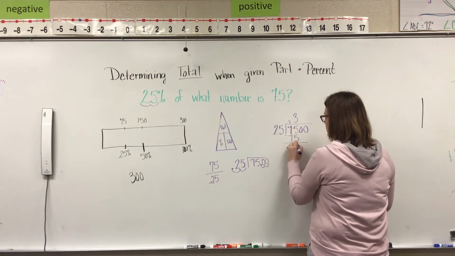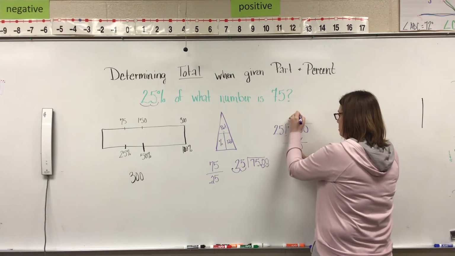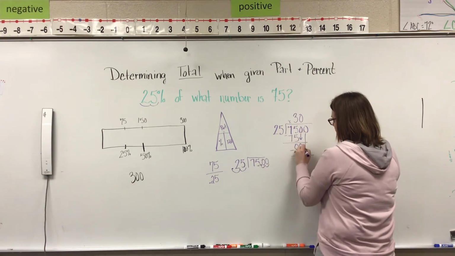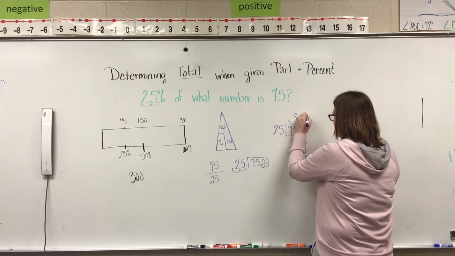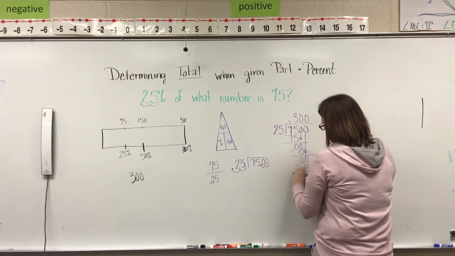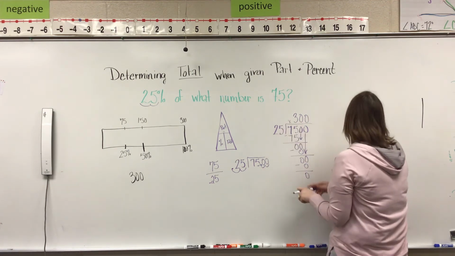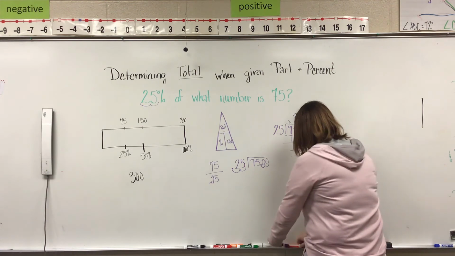Subtract that, get a difference of 0. 25 goes into 0 times. Subtract that. Drop this last one down. Again, 25 goes into 0 times. All right, I can stop. I have 300.